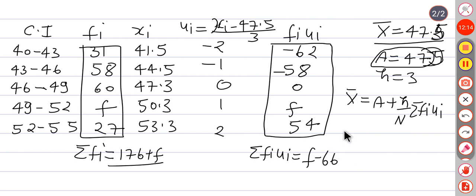Now just plug in all the values: 47.5 is a, plus h that is 3, upon N that is 176 plus f, into f minus 66.